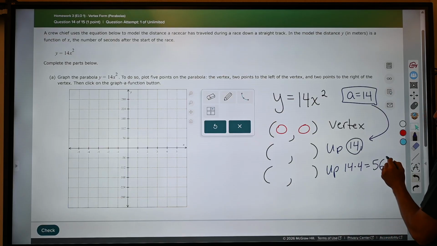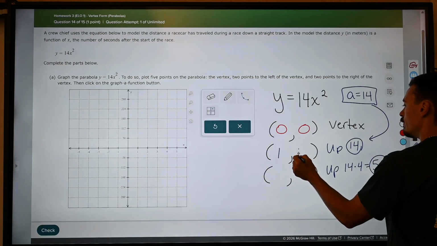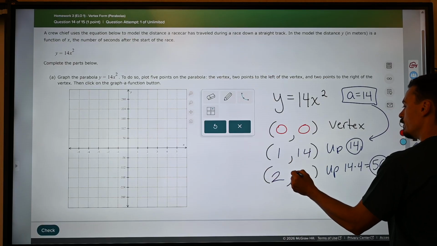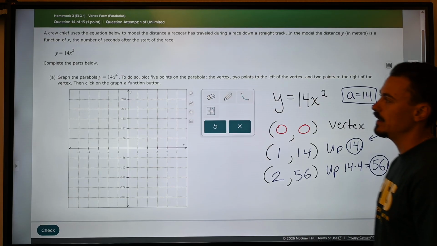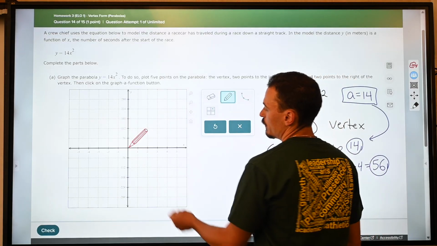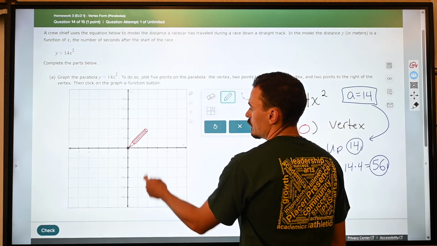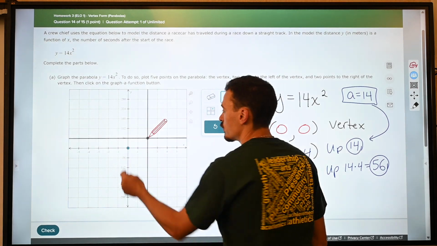So this will go up 14, this will go up 56. So this should be 1, 14, and 2, 56. Amazing. So now let's look at our graph. Looks like we are able to put our vertex, 2, 56. Don't forget, parabolas are symmetrical.